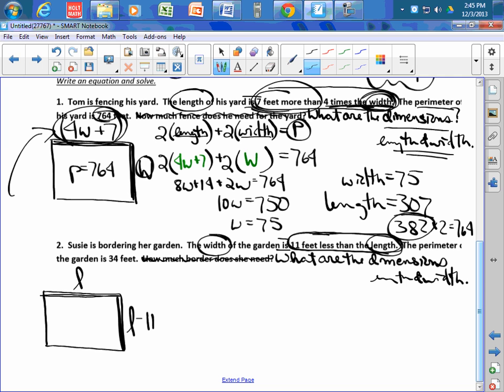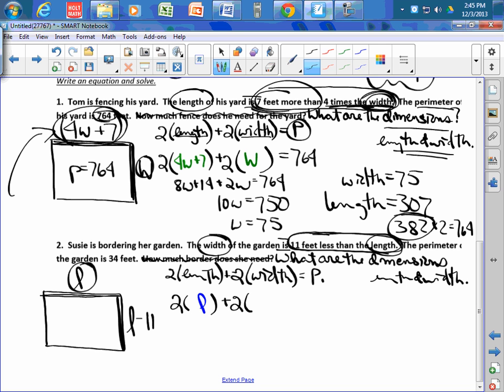Again, we go back to using our formula: 2 times the length plus 2 times the width is equal to the perimeter. The length is now L, so I'm going to have 2 times L plus 2 times, what are we using for the width?